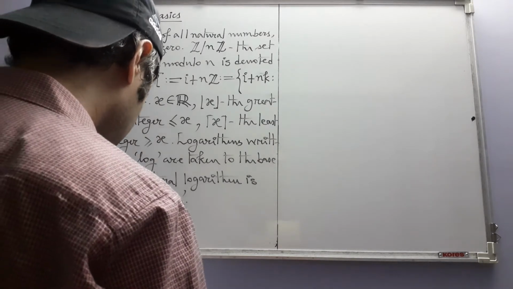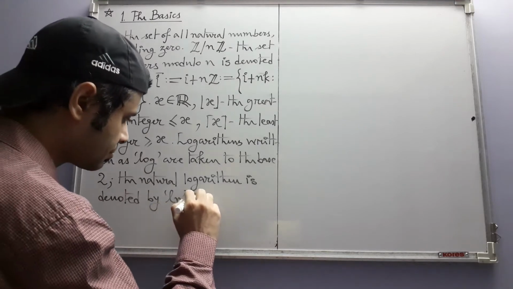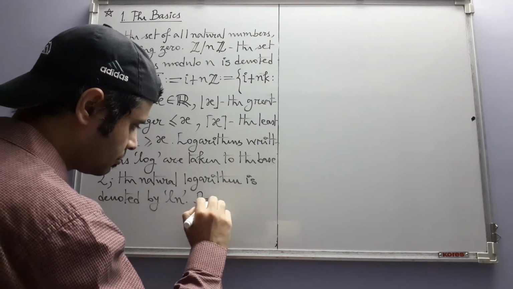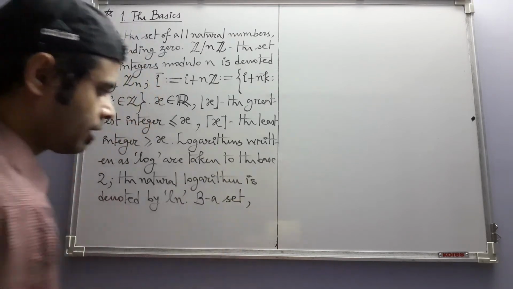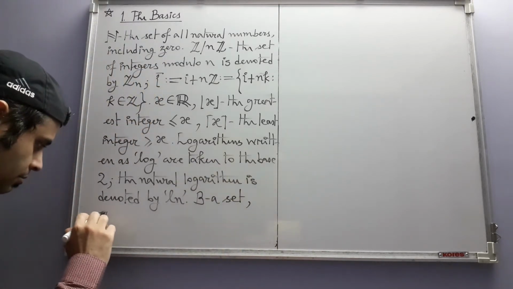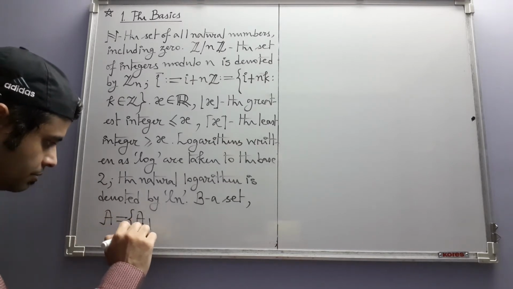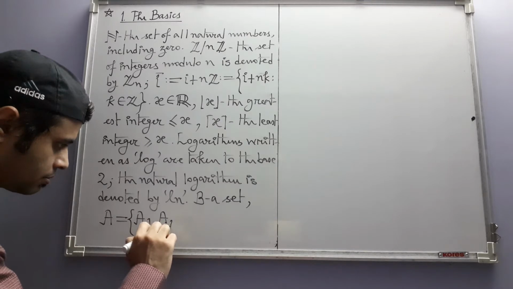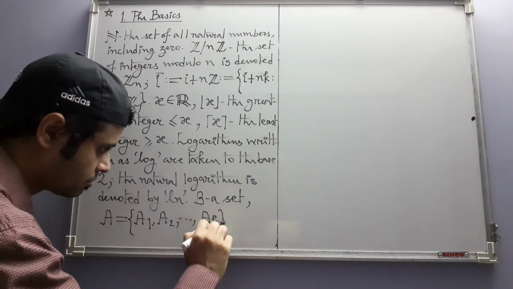Okay, now comes partition. Say we have a set B. B is a set, and say this is a collection of subsets of B, A1, A2, etc. up to Ak.